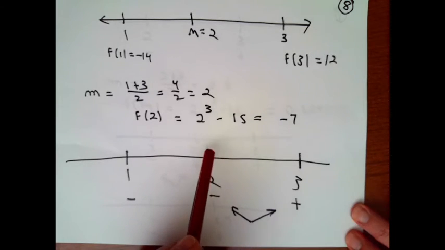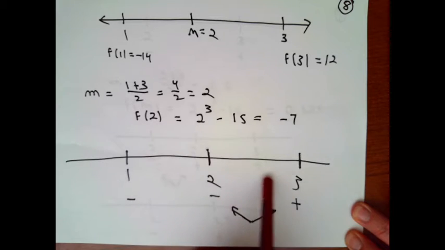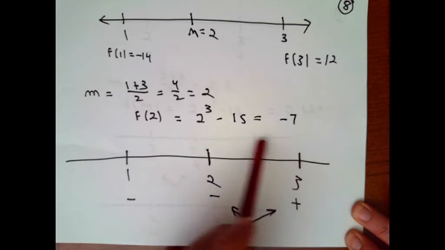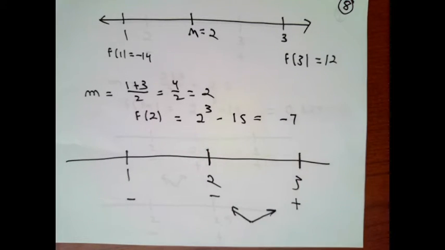This tells me that I am guaranteed to have a root between 2 and 3. There may or may not be a root between 1 and 2. The intermediate value theorem doesn't tell me enough to say anything.